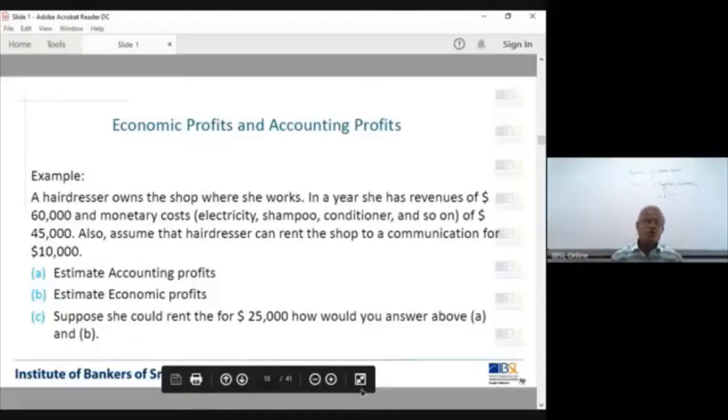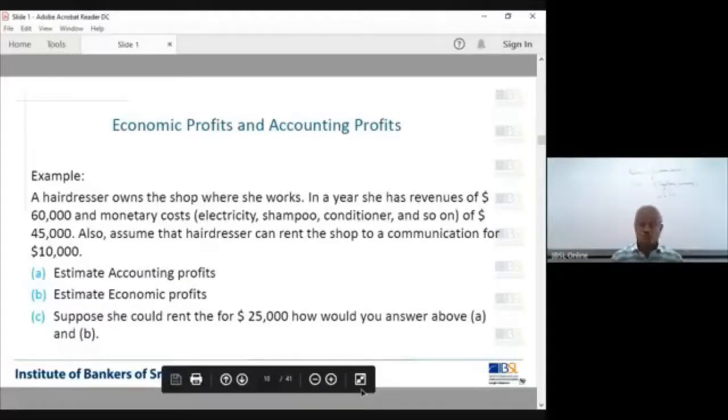Also assume that the hairdresser can rent the shop to a communication center for 10,000. That possibility is also there. Without running this business, you can rent the shop and pocket the 10,000. Understand this question? Estimate accounting profit.